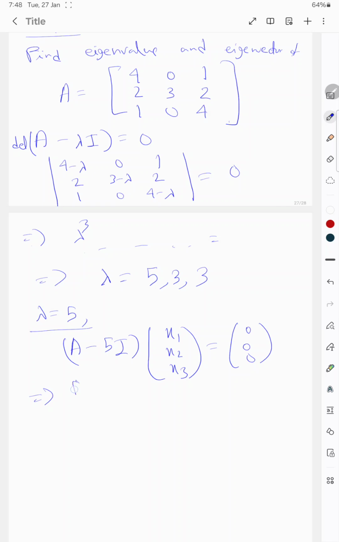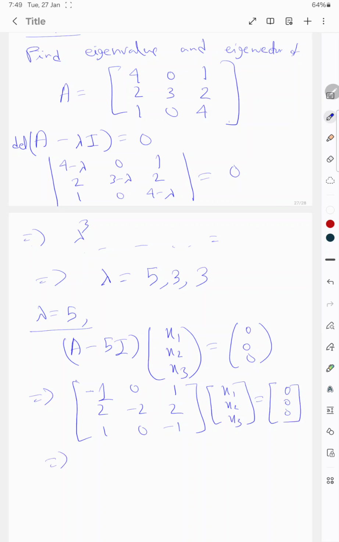So if you apply this, basically minus 1 0 1; 2, 3 minus 5 that means minus 2, 2; 1 0, 4 minus 5 that is minus 1, into x1 x2 x3, right? So from there, whenever you are trying to find this, you have to use two relations from here.